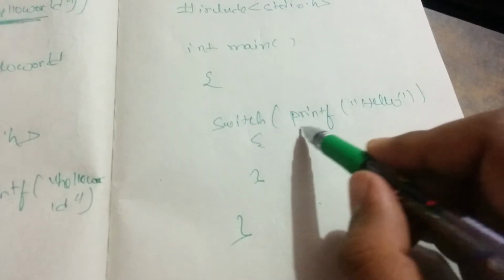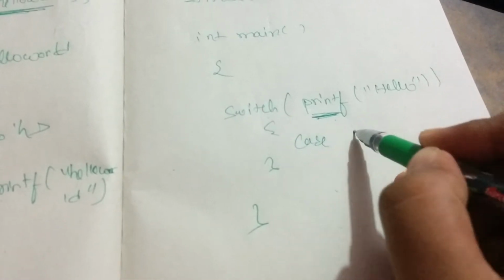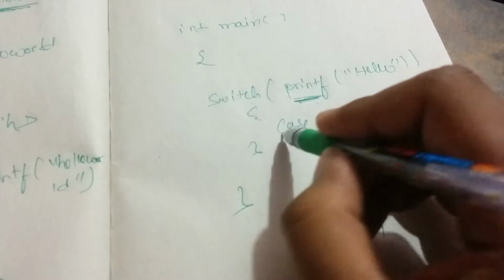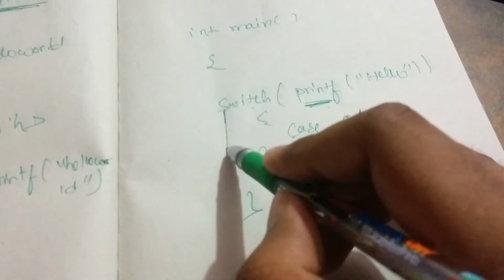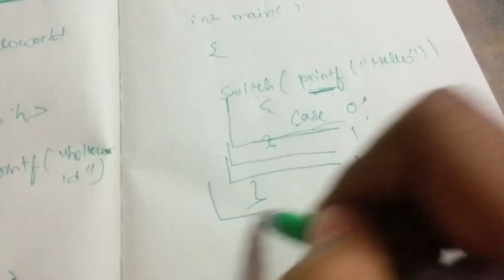The switch checks for the value it wants to select. Let's suppose case 0, case 1, case 2, case n, right? A switch is nothing but selecting one option out of the expression we give it.